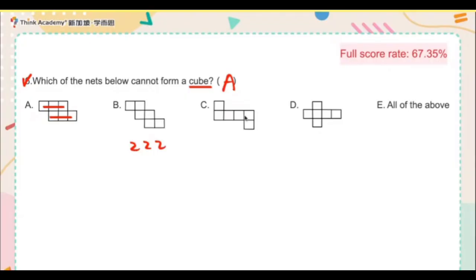Yeah, C is 1-for-1 type, right? And then how about the D? Yeah, it's also 1-for-1, right? So we can see only A is wrong. Okay, so this is how we solve the problem. I give you 30 more seconds to remember all the 4 types, then we will move on, everyone.